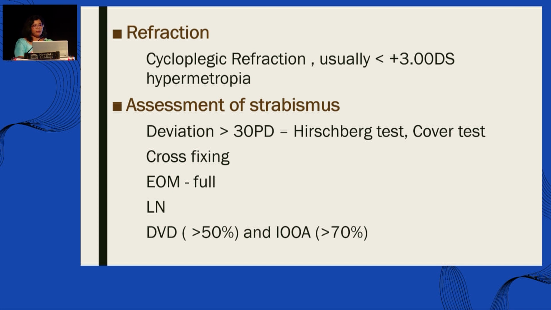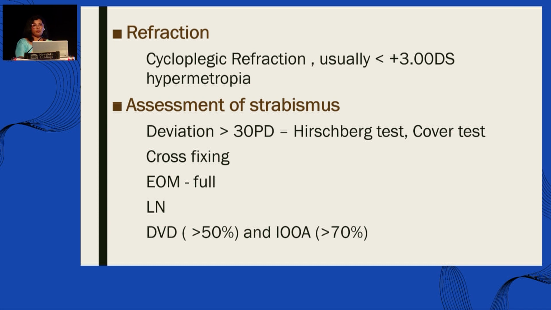When it comes to the assessment of strabismus proper, as I said, the deviation is usually a large angle, more than 30 prism diopters. So it's sometimes difficult to do a proper cover and uncover test, but you can assess with the Hirschberg test, the corneal reflex, and other associated findings like cross fixation.